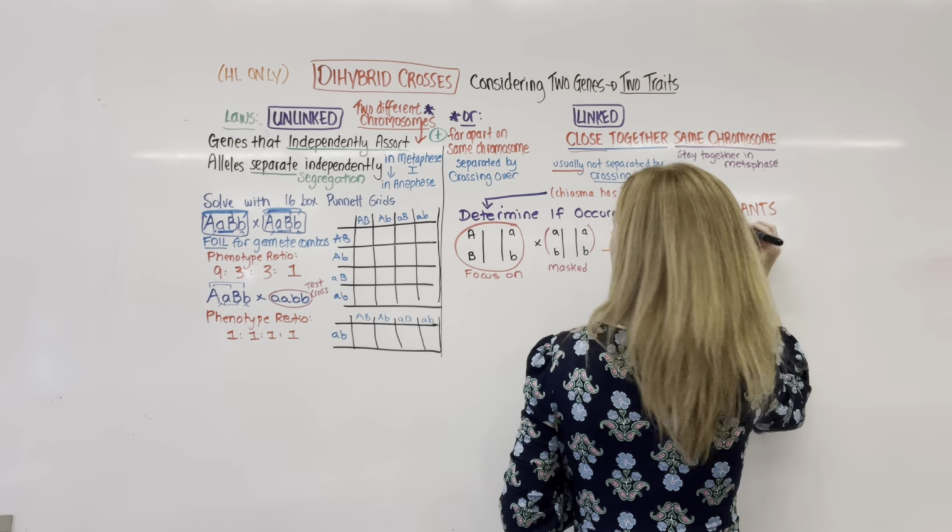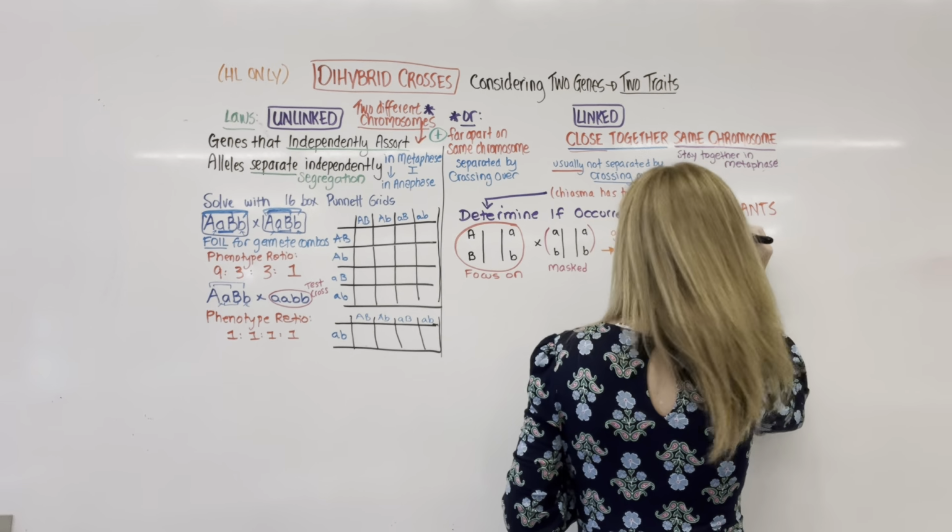If you see little a, big B, that tells you crossing over had an impact. Little a, little b, that's an original combination. So what you would see is that these are recombinants due to crossing over.